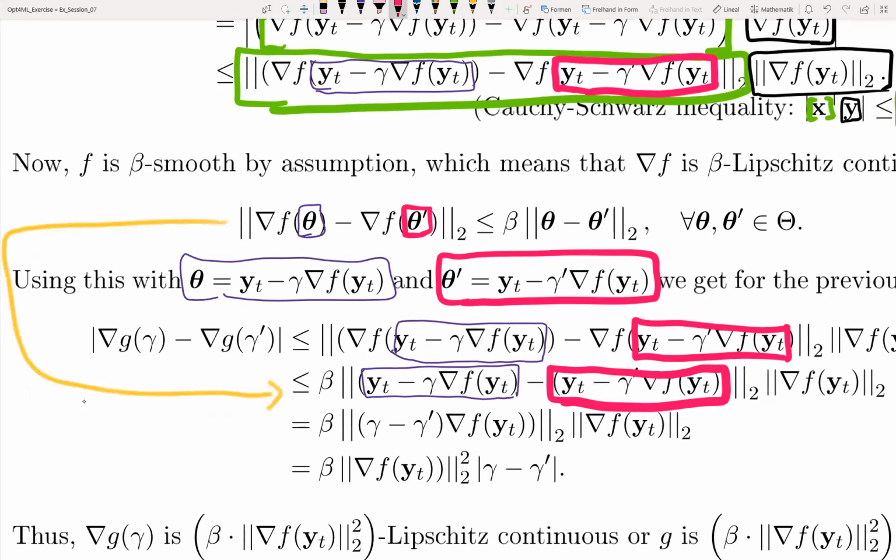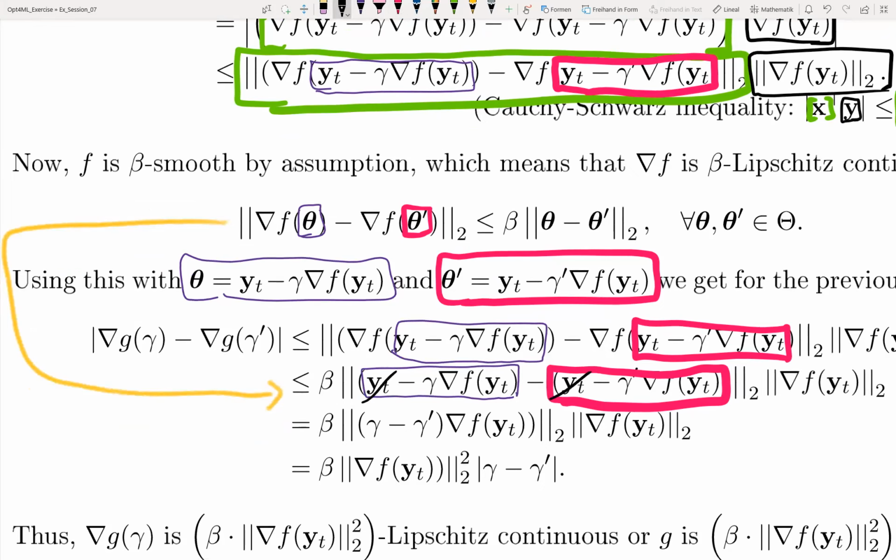Now again, simplifying the things, this yt is cancelling out. We have here 2 times the same term, namely the gradient of f evaluated at yt, multiplied with gamma minus gamma prime.